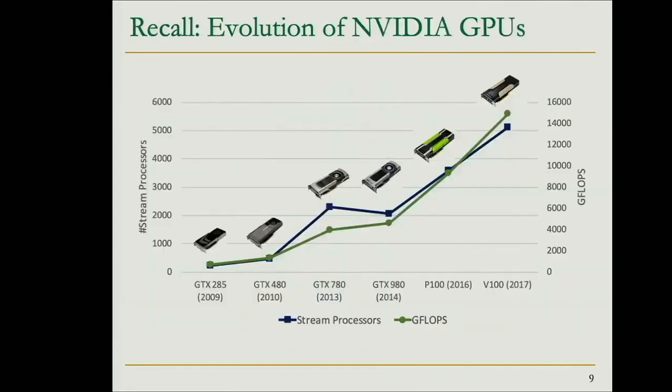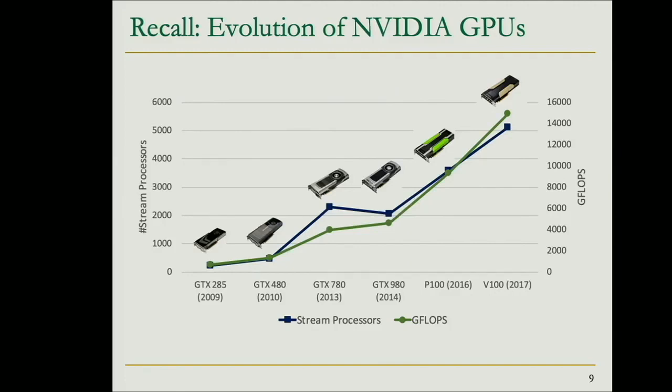This one was released in 2009, but the first CUDA-capable GPUs were released 2-3 years before. In the last 10 years, you can see how much the number of these stream processors has increased and, what is more important, how much the peak throughput has increased.